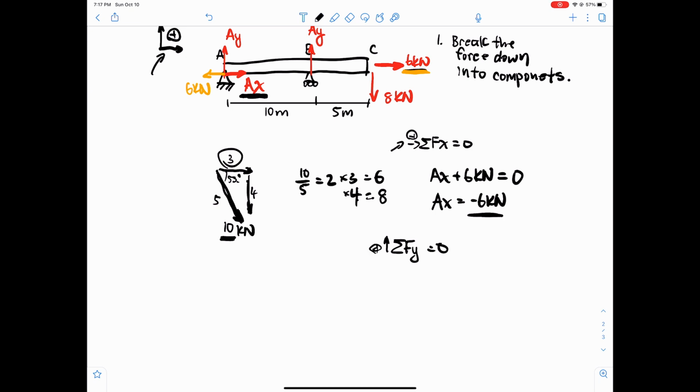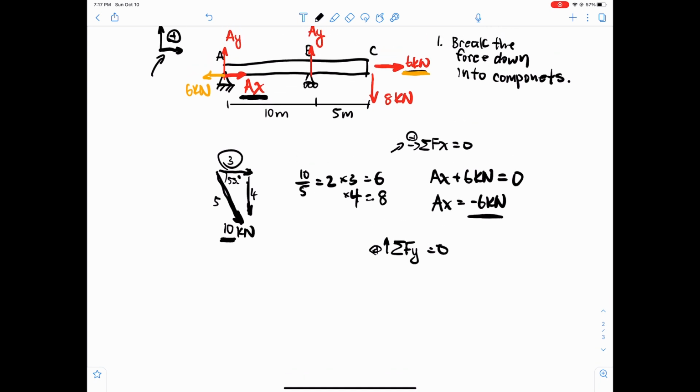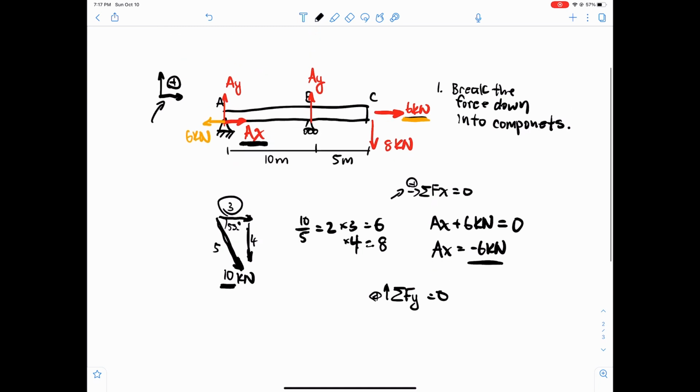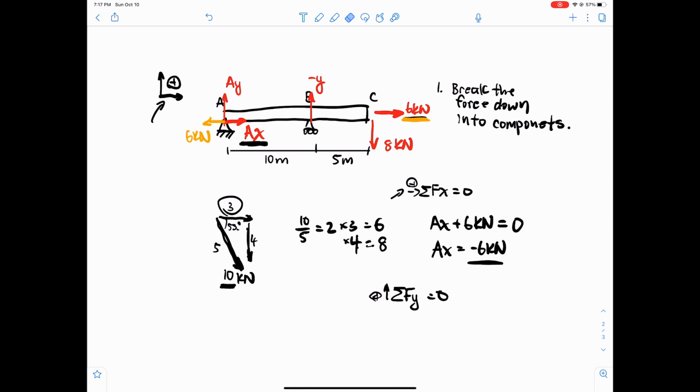Same principle. All the forces going up and down must cancel out to 0, or must be in some sort of equilibrium. And I see I mislabeled this, so I'm going to change that real quick. This is actually BY.